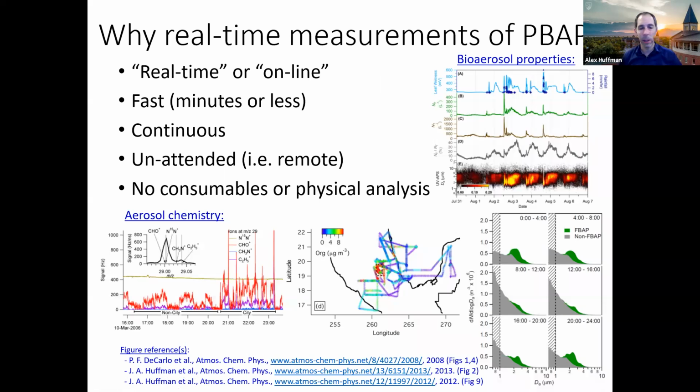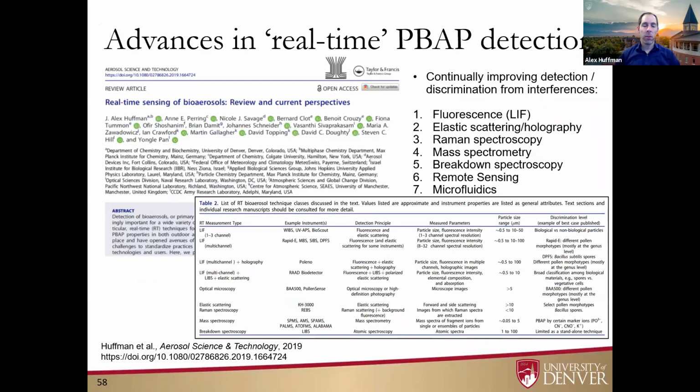Okay, next slide, please. I'll talk about fluorescence analysis quite a bit in several slides, but before I get to that, I want to give an overview of some of the real-time techniques that people use for bioaerosol analysis.